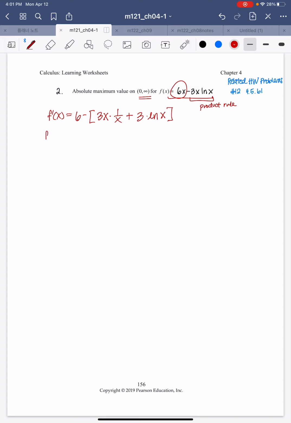Over here, you can see that the x cancels out. So you really have 6, distributing the negative, minus 3 ln x. These two can be combined. So f prime of x is 3 minus 3 ln x.